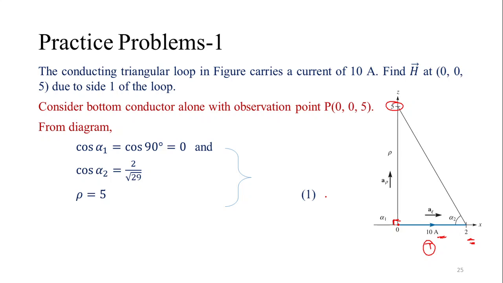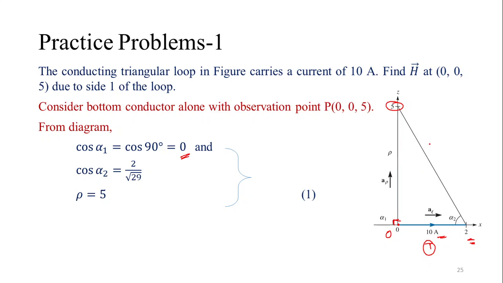Let's find the angles. Cos alpha 1: here it is a right angle, so cos 90 degrees equals 0. And cos alpha 2 is adjacent by hypotenuse. Here the sides are 2 and 5, so we need to find the hypotenuse.